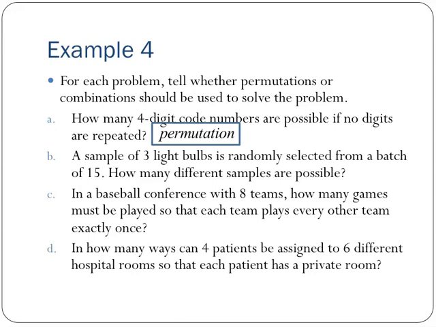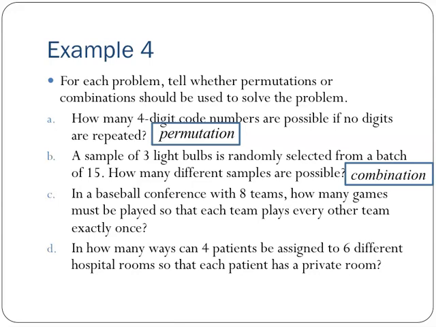A sample of 3 light bulbs is randomly selected from a batch of 15. How many different samples are possible? All right, so if we're just randomly selecting 3 bulbs, how many different samples can we come up with? Well, the order of those light bulbs doesn't matter. We just want to know how many different ways are there of coming up with 3, taking 3 at a time. So this is going to be a combination.